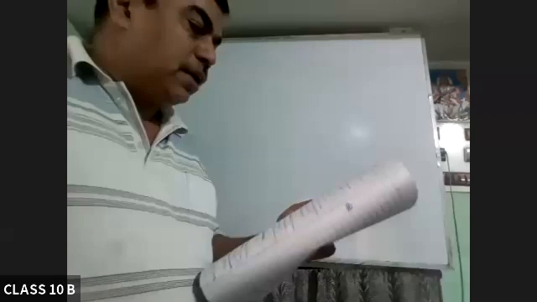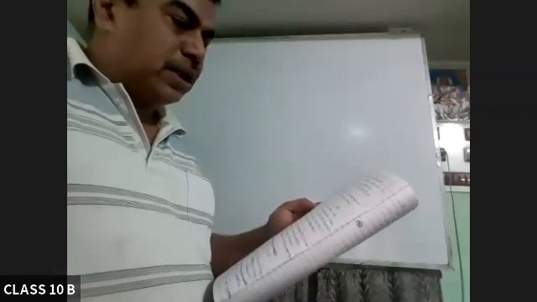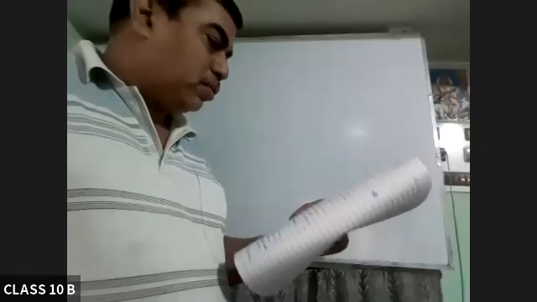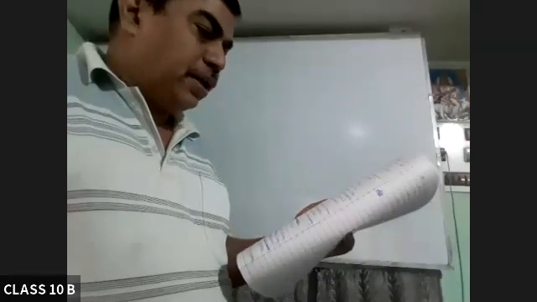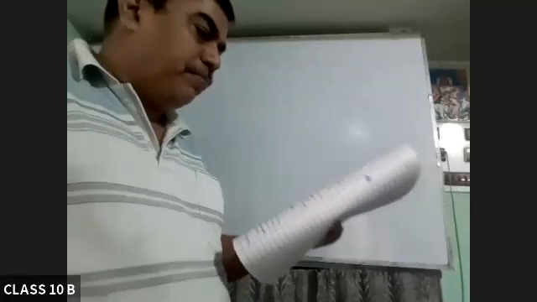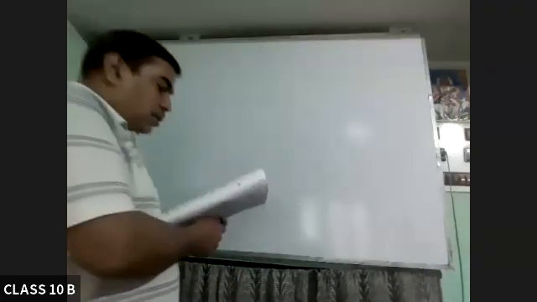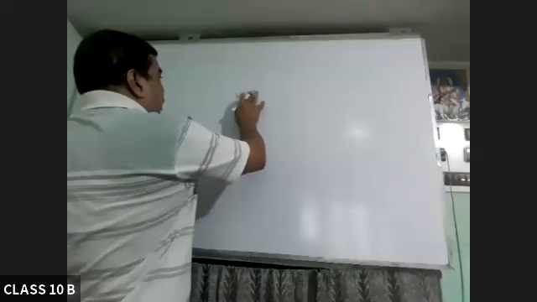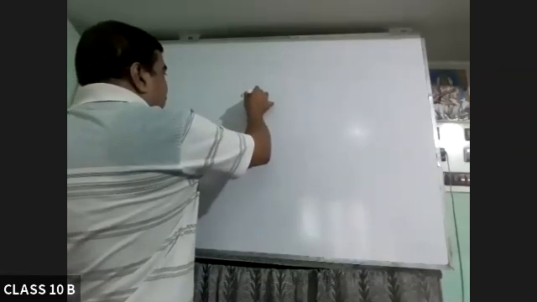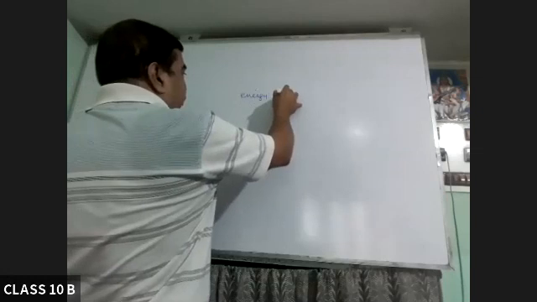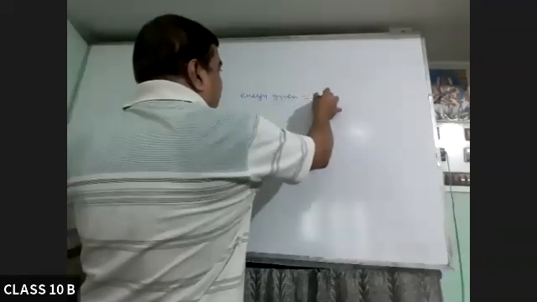Now second one was work done by force is maximum when angle between force and displacement is 0 degree. The energy given to a stone of mass 100 gram in order to increase its linear momentum from this to this. So in this case, energy given will become gain in kinetic energy.